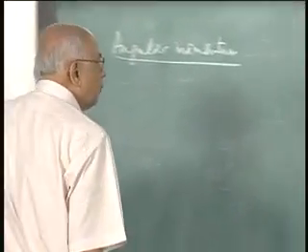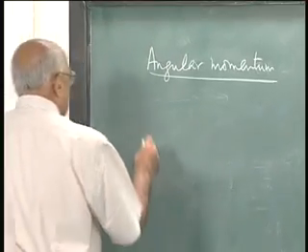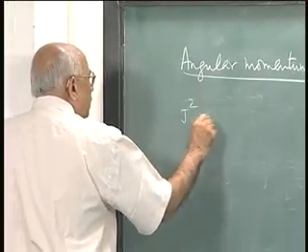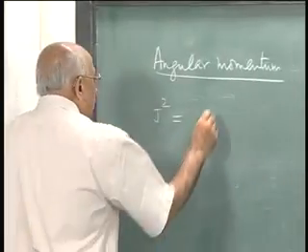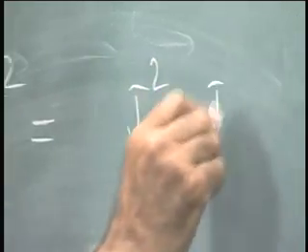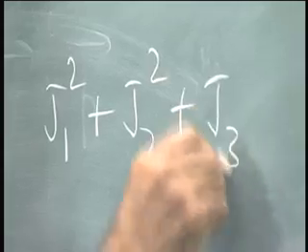But our immediate purpose is to ask, given this information, what can we say about the angular momentum states of any system whatsoever. Remarkably, this question can be answered just on the basis of this algebra and nothing more. What we need is a few observations. The first thing we need is the following: J squared, the square of the total angular momentum, is by definition J1 squared plus J2 squared plus J3 squared.